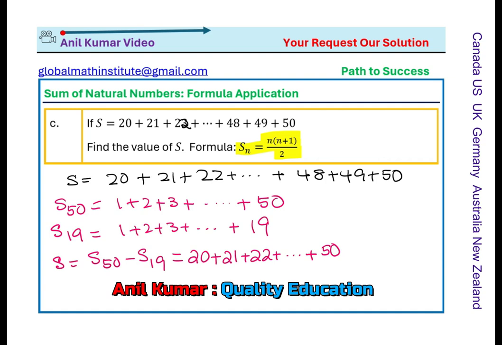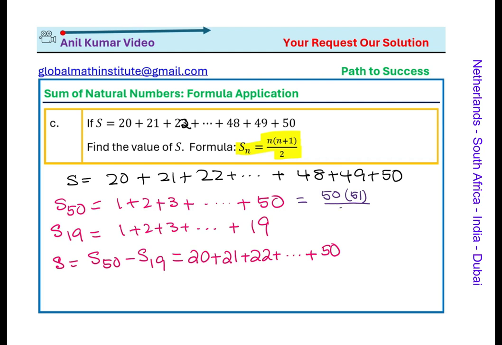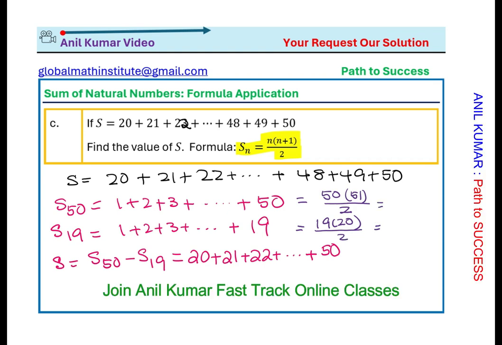So let's do it. Sum of 50 terms will be equal to 50 times 51 over 2, right? And sum of 19 terms will be 19 times 20 over 2, correct? Right. So 50 times 51 is as good as writing 25 times 51, right? 1/4 and 100 it gives you 1275.